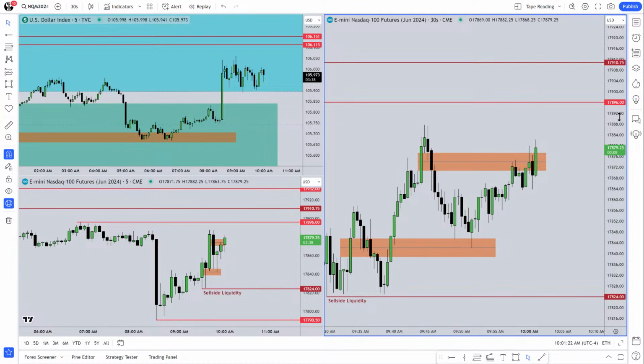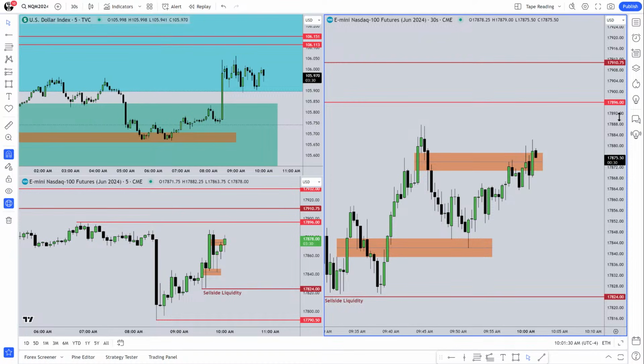Sweep of 888 is likely, and how we trade there is crucial to what we do for the 10 o'clock silver bullet.